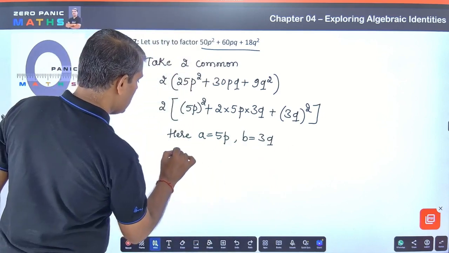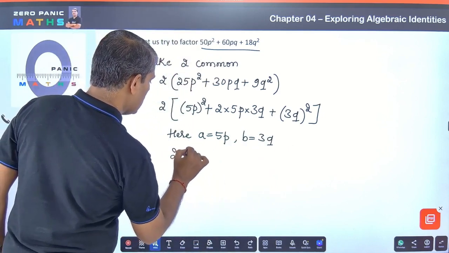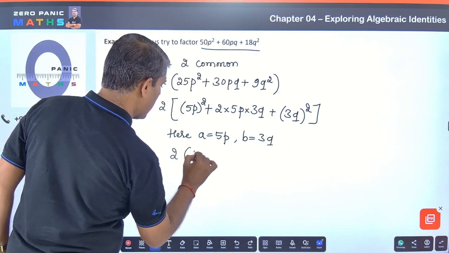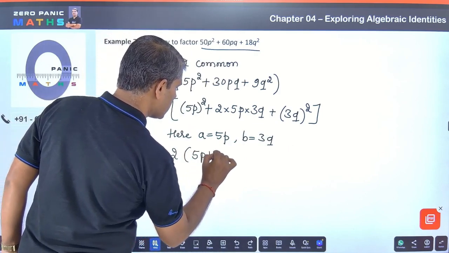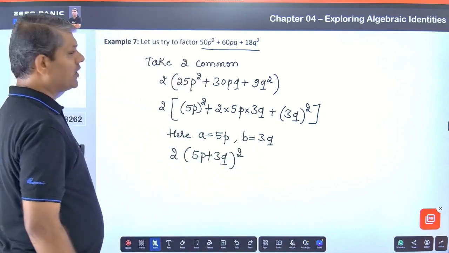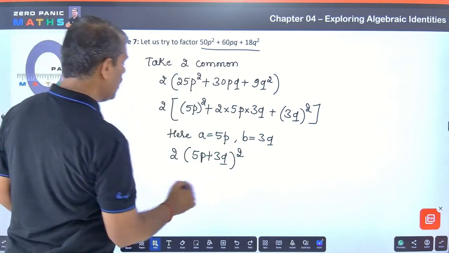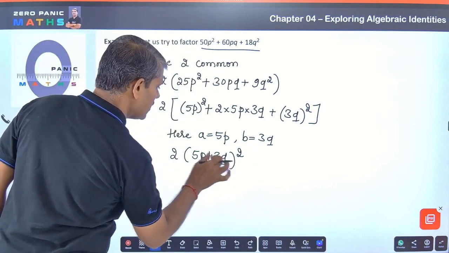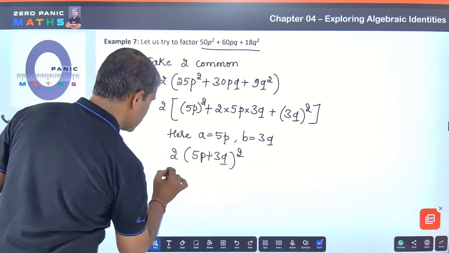Okay, so 2 multiplied by (5p plus 3q) whole square is the factorization of this expression, or you can say 5p plus 3q and 5p plus 3q.